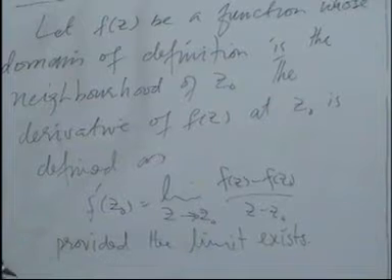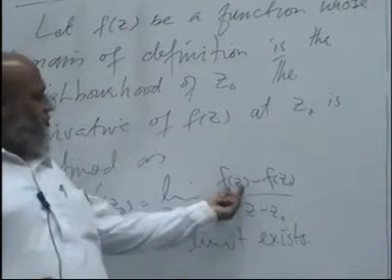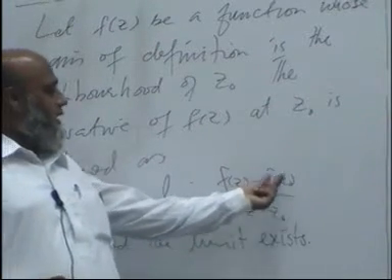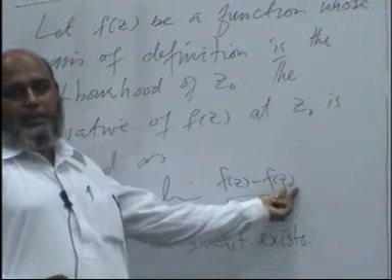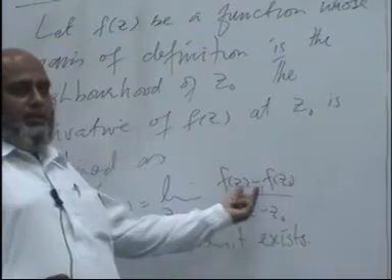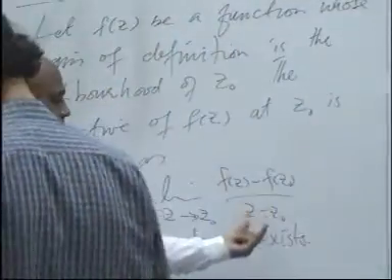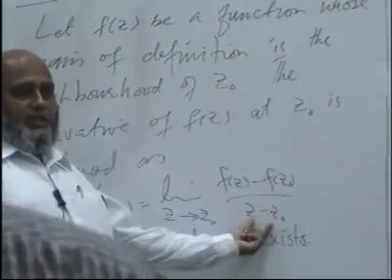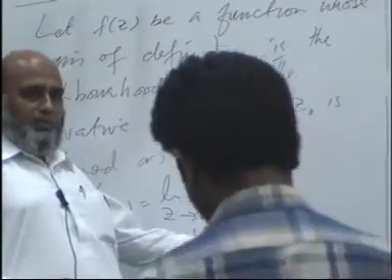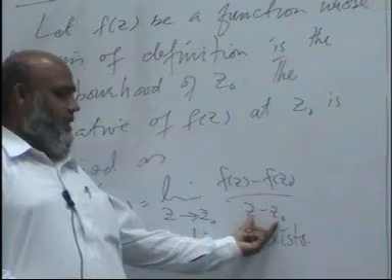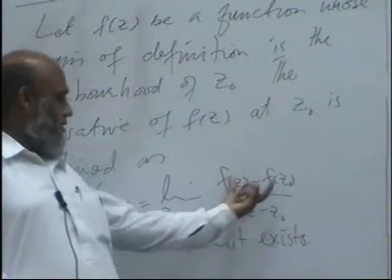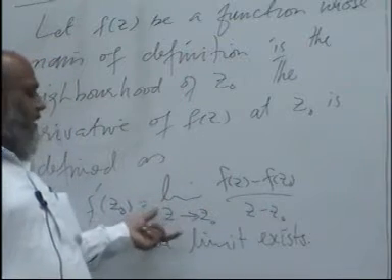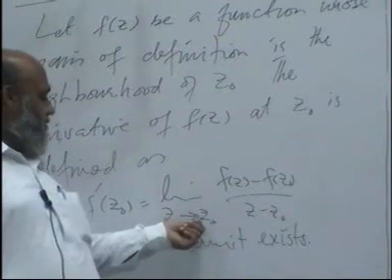So what we are seeing over here, we have a function and its value at a certain point z naught. We take the difference of these two at any point in the neighborhood of z naught, then take the ratio of these two values, then take the limit as z tends to z naught.